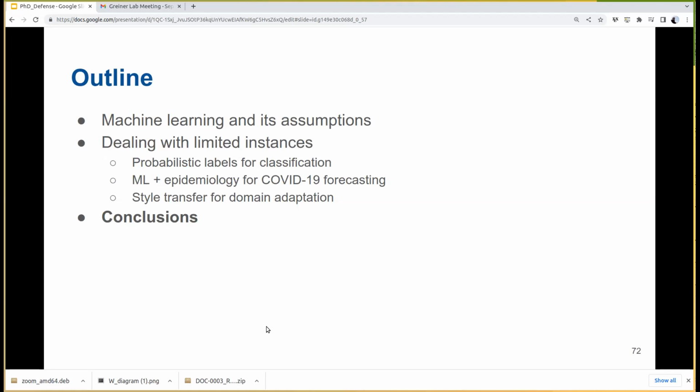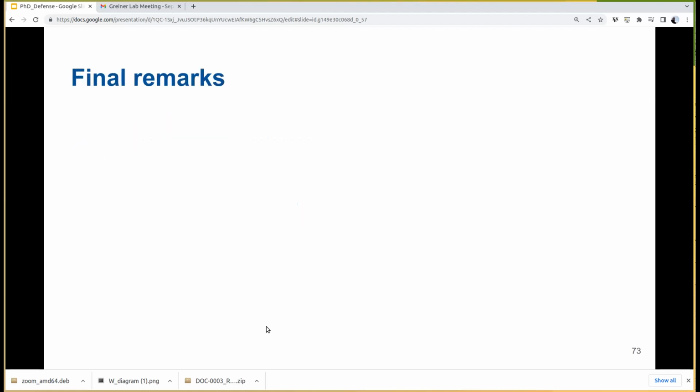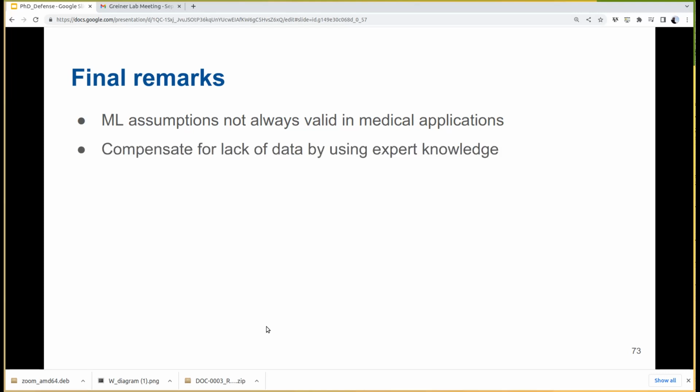So these are the three ideas that I wanted to talk about. And the final remarks are basically that the traditional machine learning assumptions are not always valid for the medical applications because of the labels. They can be unreliable, and because the data sets are not huge to cover all the cases that we might encounter during inference.